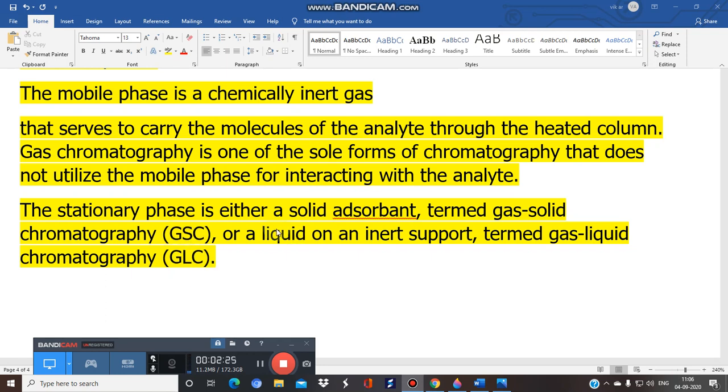When the stationary phase is a solid adsorbent, it is GSC, gas solid chromatography. And when the stationary phase is a liquid on an inert support, this is important, it is termed gas liquid chromatography, GLC.